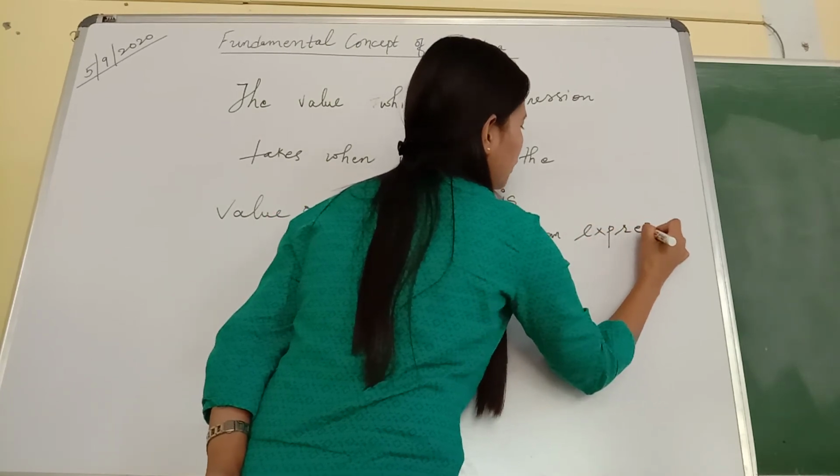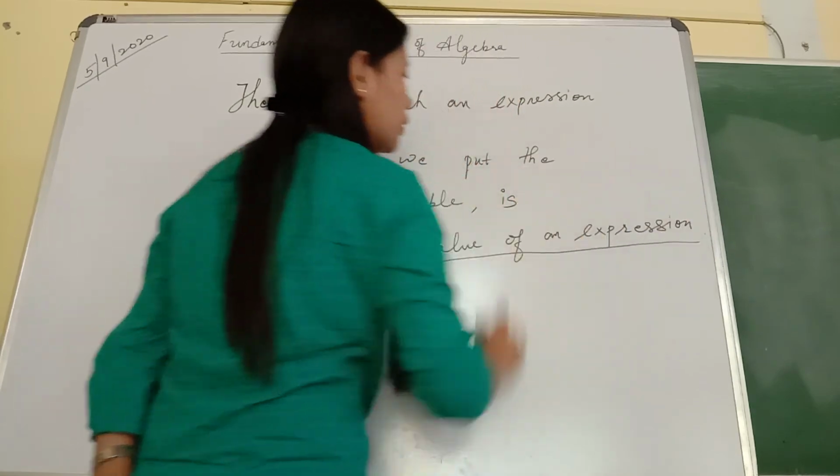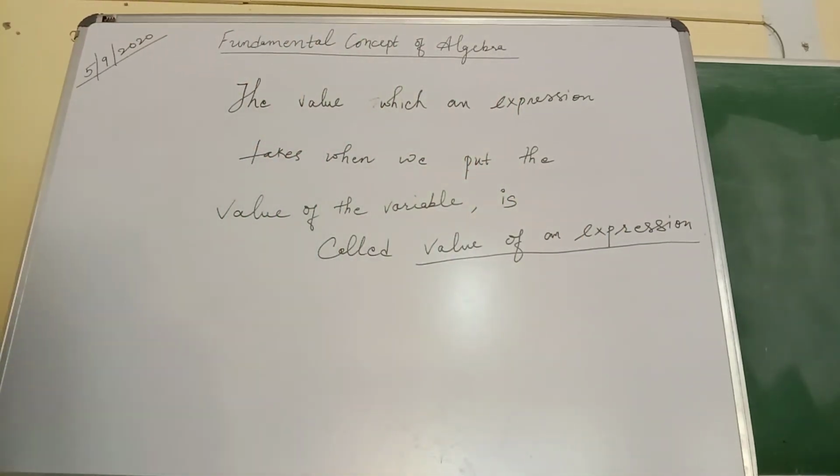It's quite simple. When we put the value of the variable, the expression will take a certain value. That is called the value of an expression.